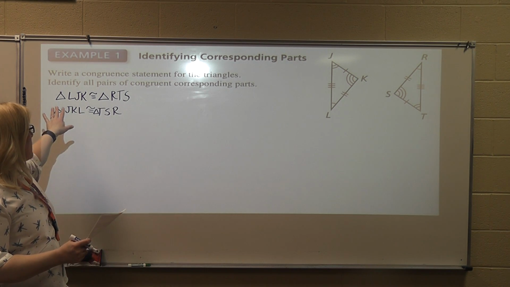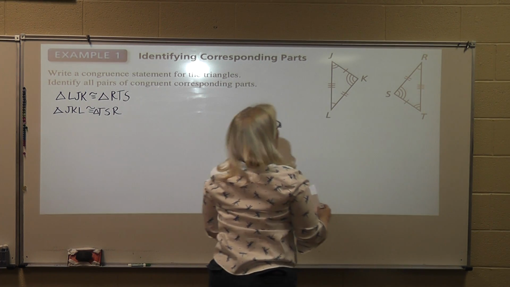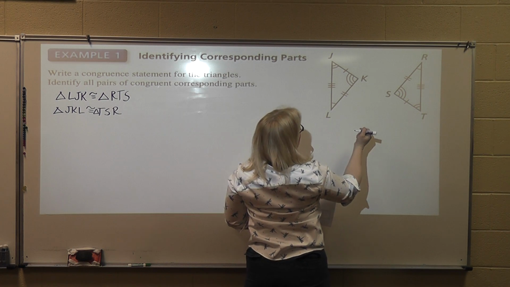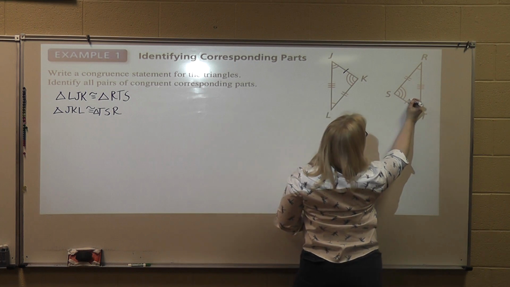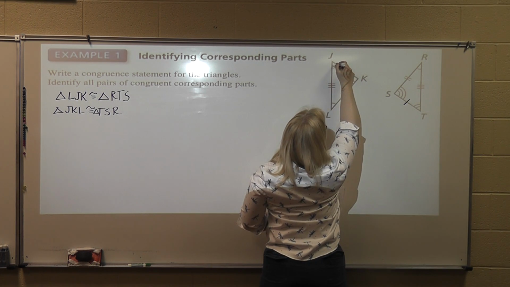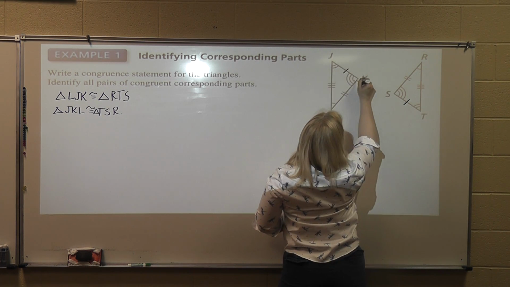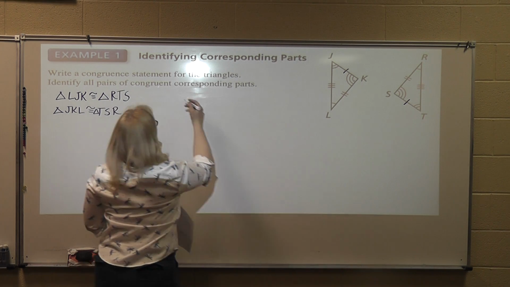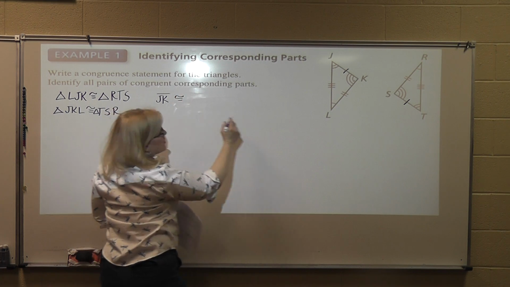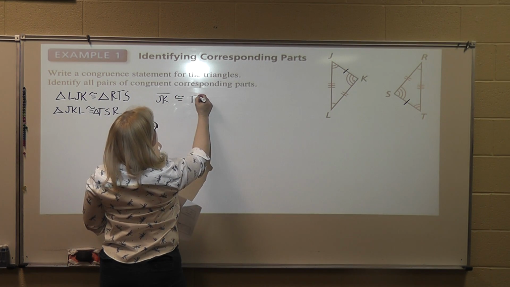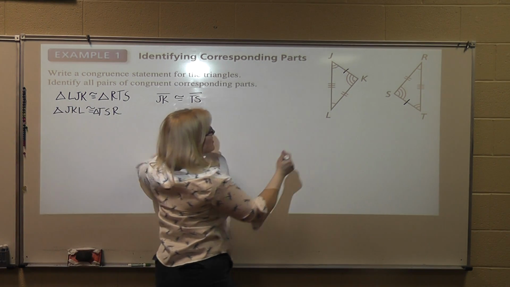Now we want to identify all pairs of congruent corresponding parts. Let's do sides first. We've got this line right here, and it's going from the angle with 2 marks to the angle with 3 marks. So we've got to go this way and this way. So we've got JK is congruent to TS. Then let's do this one.